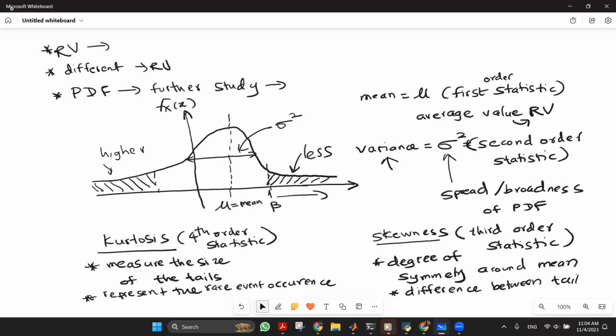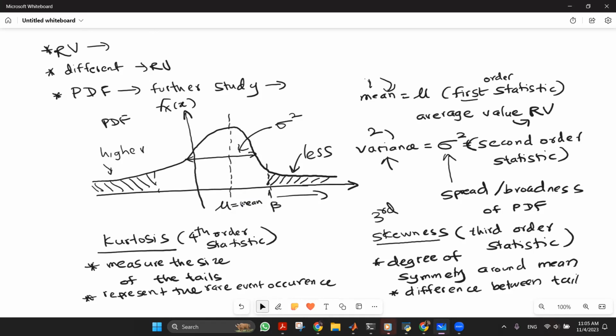Those are the parameters that we can use. The mean is a first order statistic, the variance is second order, then third order and fourth order. Likewise, there are nth order statistics that we can define for the PDF.